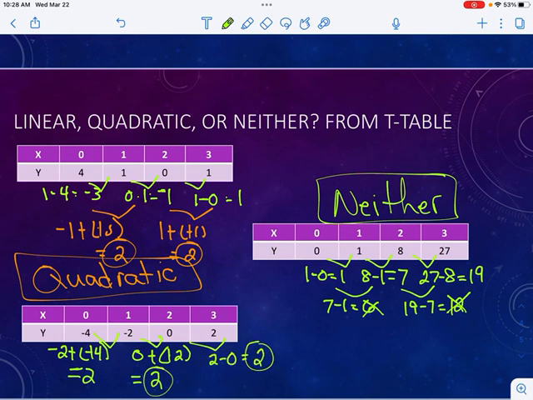So if you notice, these all have a common difference. So that means that this third one is a linear. And that's what we are just testing today. We're just looking at graphs and t-tables and trying to see which one would give us a quadratic relationship compared to which one would give us a linear relationship.